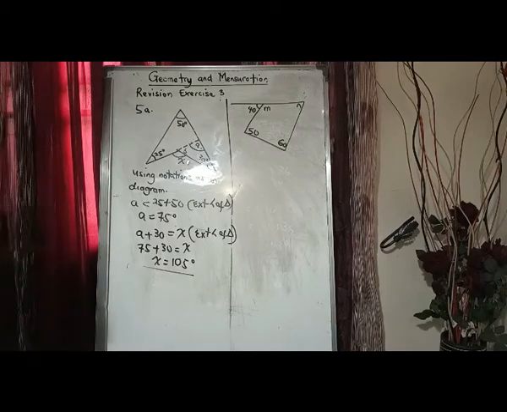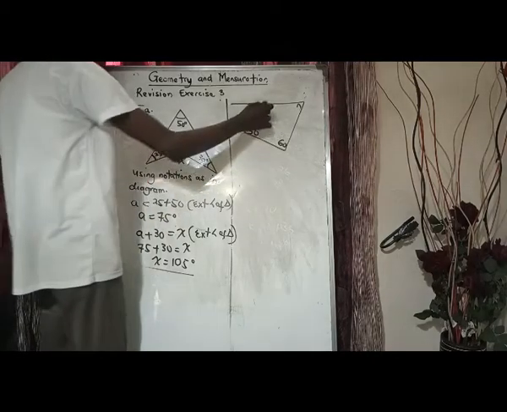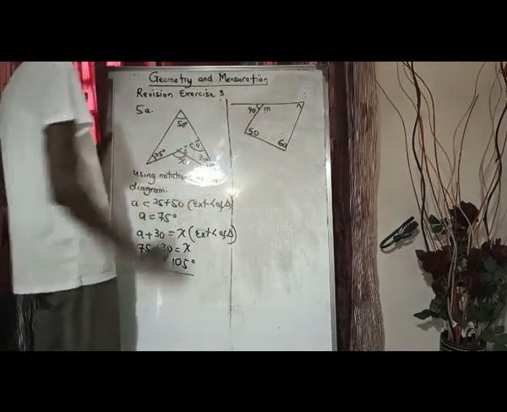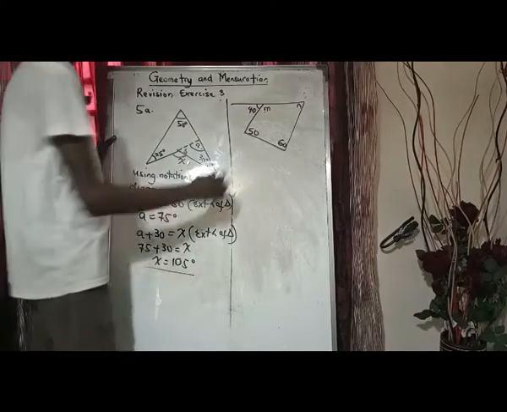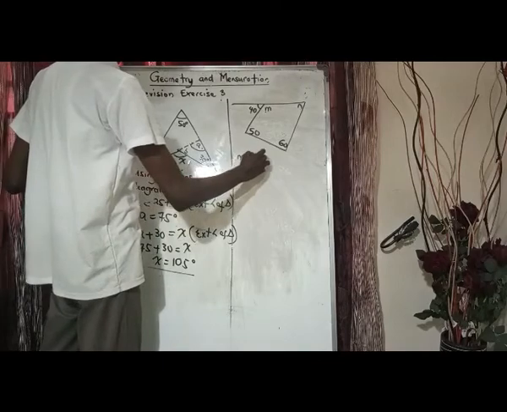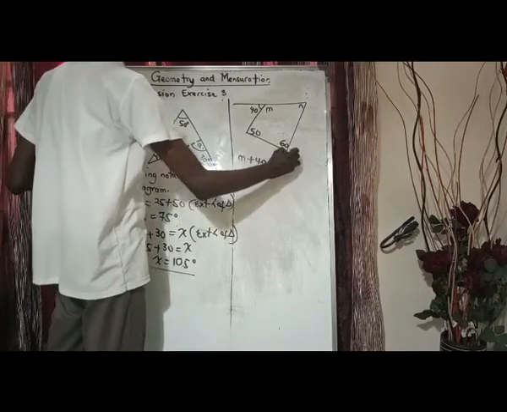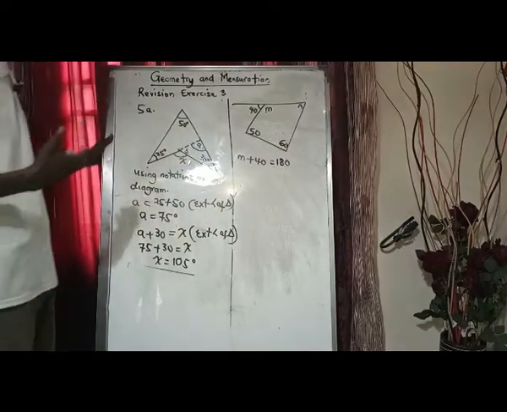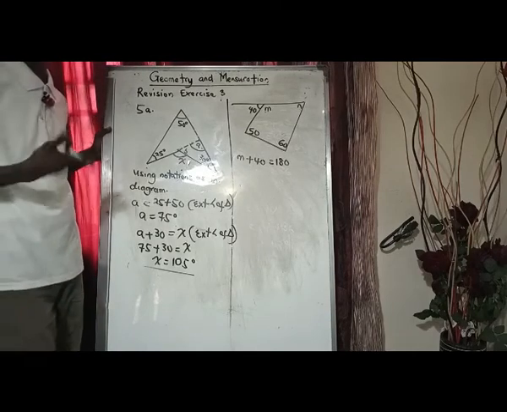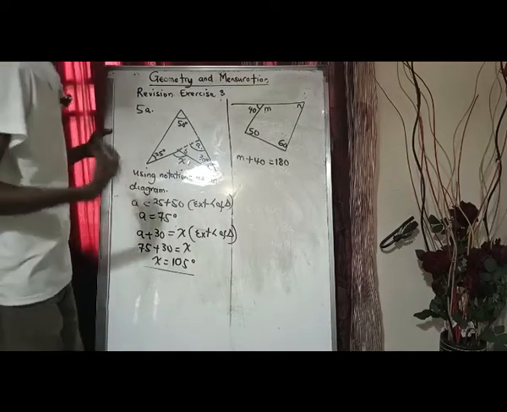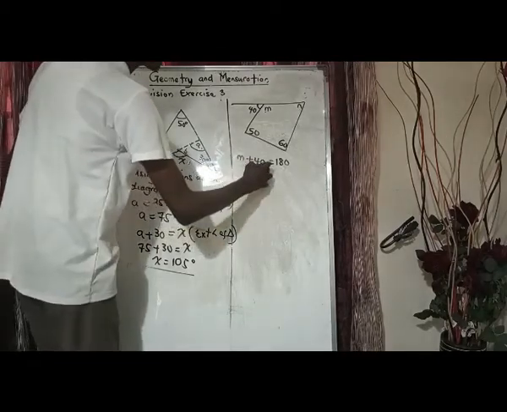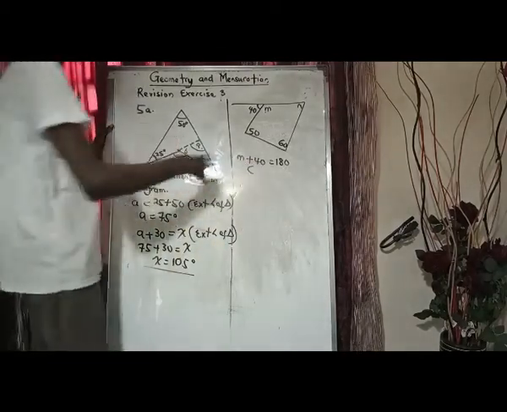It's quite simple. We need to get M first because 40 and M are related by a property we call the angles on a straight line. So we have that M plus 40 is equal to 180. Because our model essentially is looking at handling theory questions. A lot of you can perform wonders in objective questions, but when it comes to theory, we expect you to tell us the reason why you're doing that.